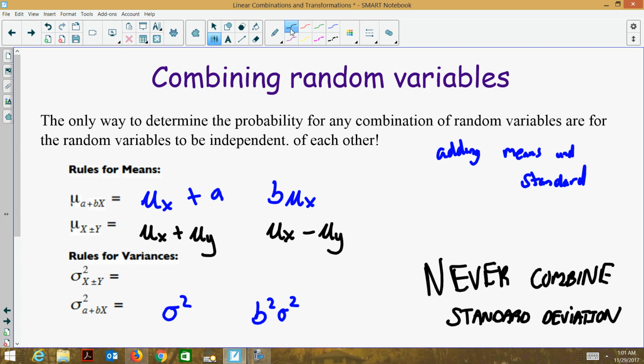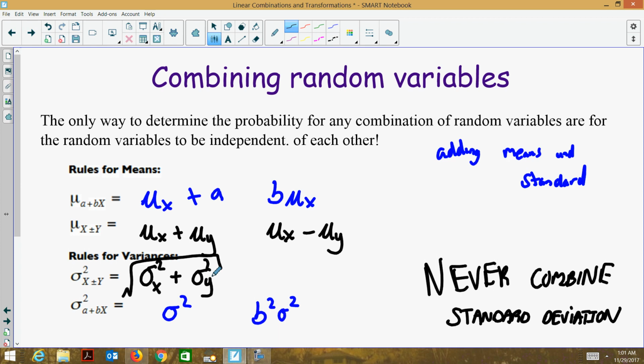What I have to do is find the variances. So find the variance of your math SAT score and the variance of your verbal SAT score and add those together. And then, whatever my answer is, I take the square root. I'm going to repeat that.